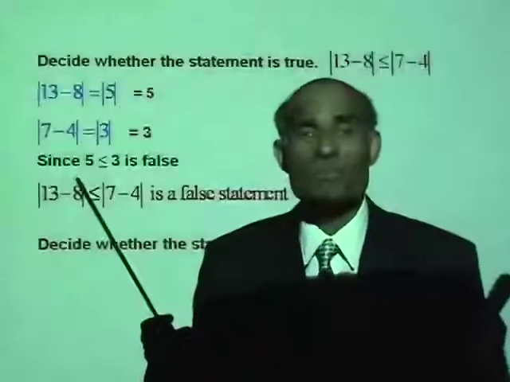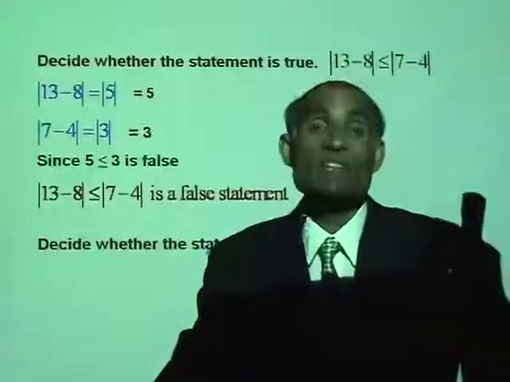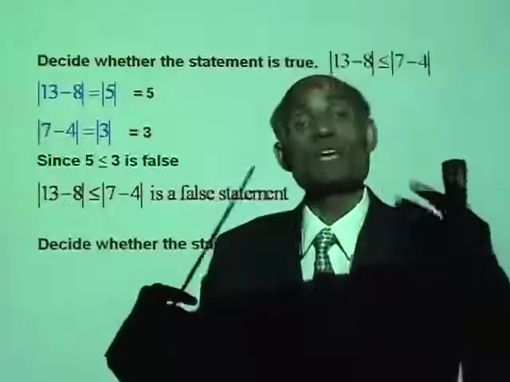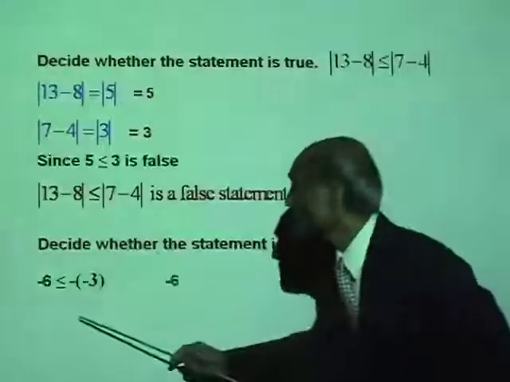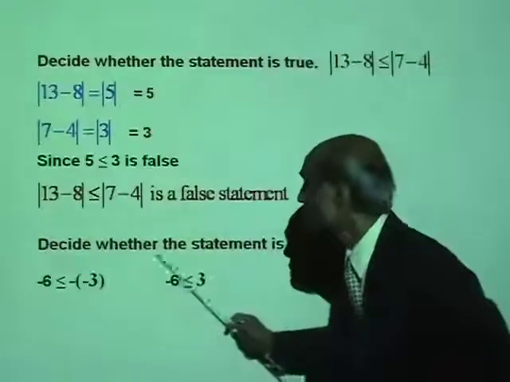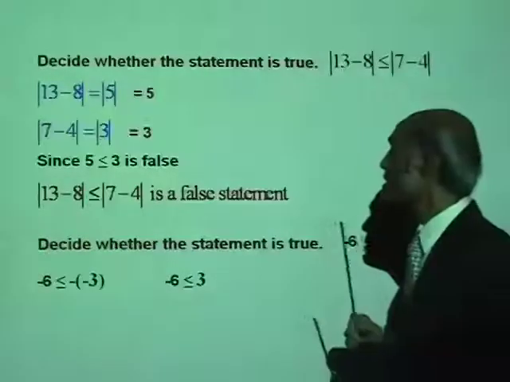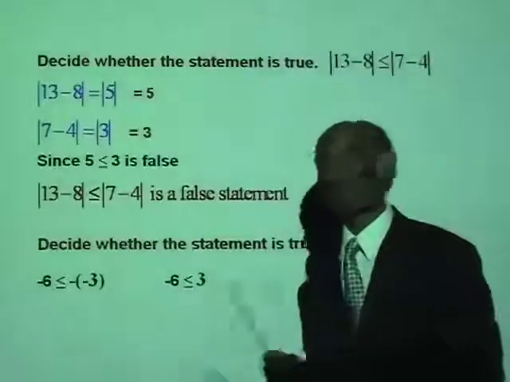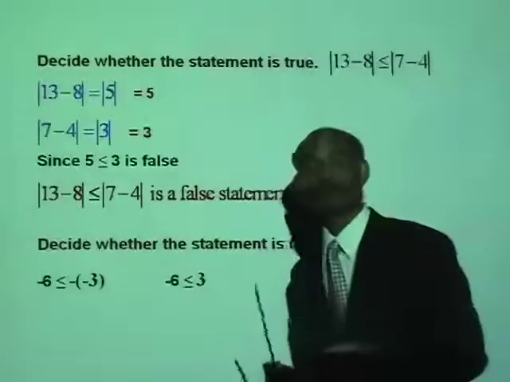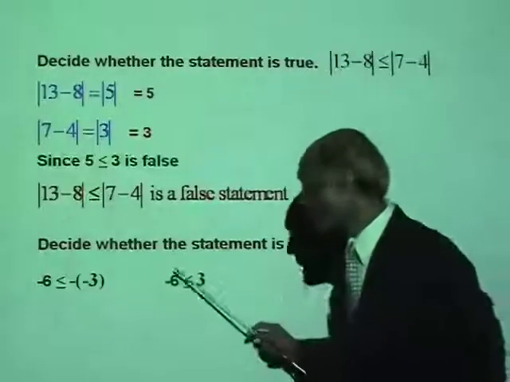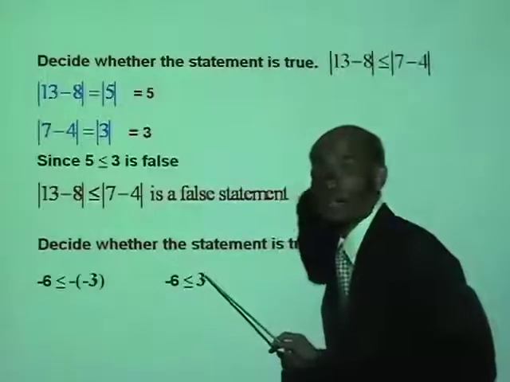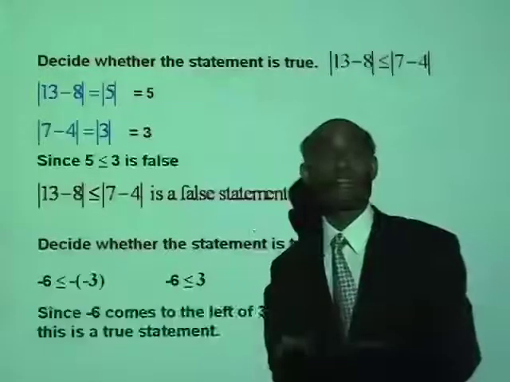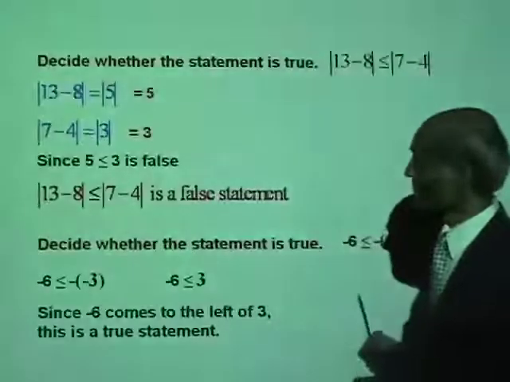Double negative property tells me that negative of negative 3 is positive 3. So, this is the same as negative 6 less than or equal to 3. Now, is this a true statement? Well, yes, because negative 6 is less than 3. And therefore, that statement is true.